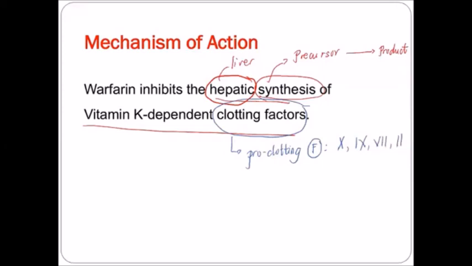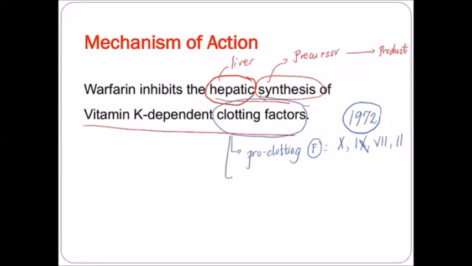For convenience, you can think of the year 1972 to memorize the vitamin K dependent clotting factors. So pro-clotting factors that need vitamin K for their production in the liver are 10, 9, 7, and 2.